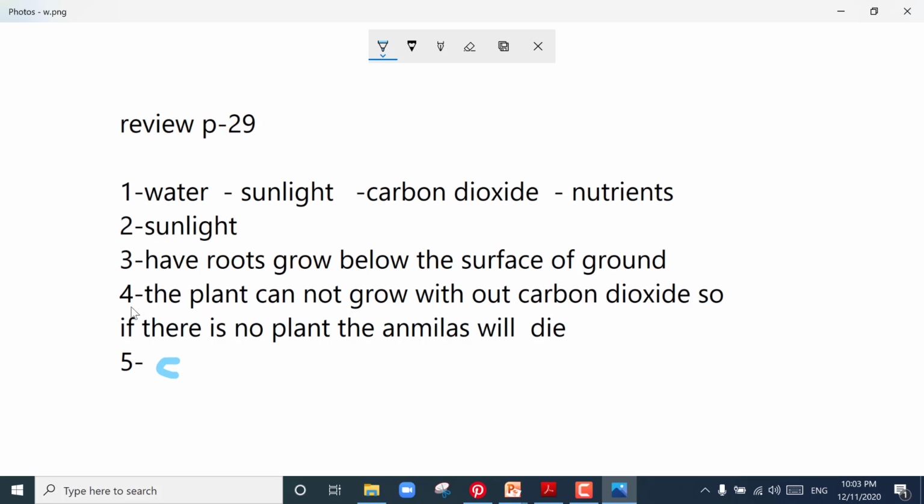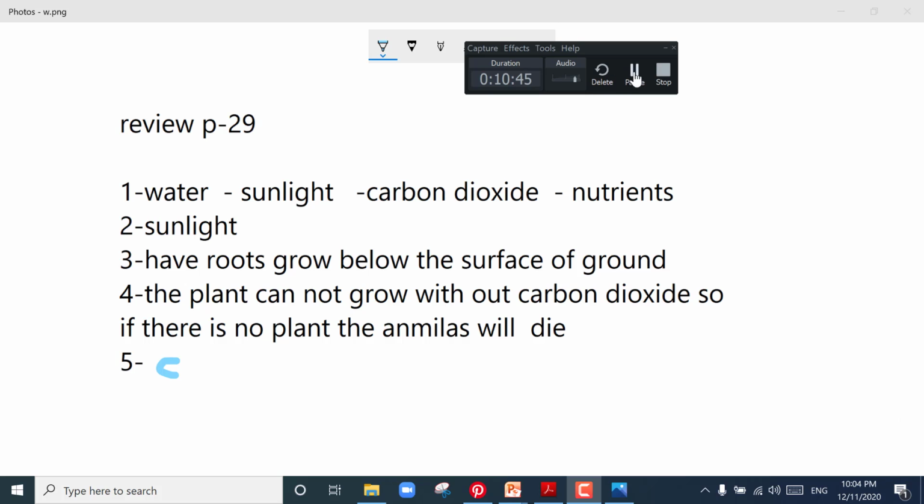And also number 4, for your information, the plant cannot grow without carbon dioxide. So if there's no plant, the animals that live on plants as food will die. So choose C and put C in a circle.